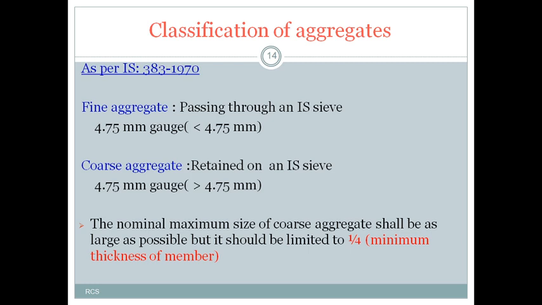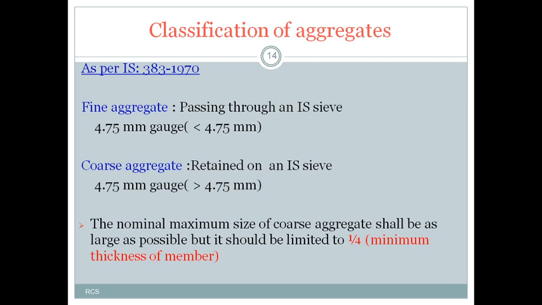Next, the definition of coarse aggregate is the aggregate which is retained on an IS sieve of 4.75 mm gauge. That means simply that aggregate with a size greater than 4.75 mm is called coarse aggregate.